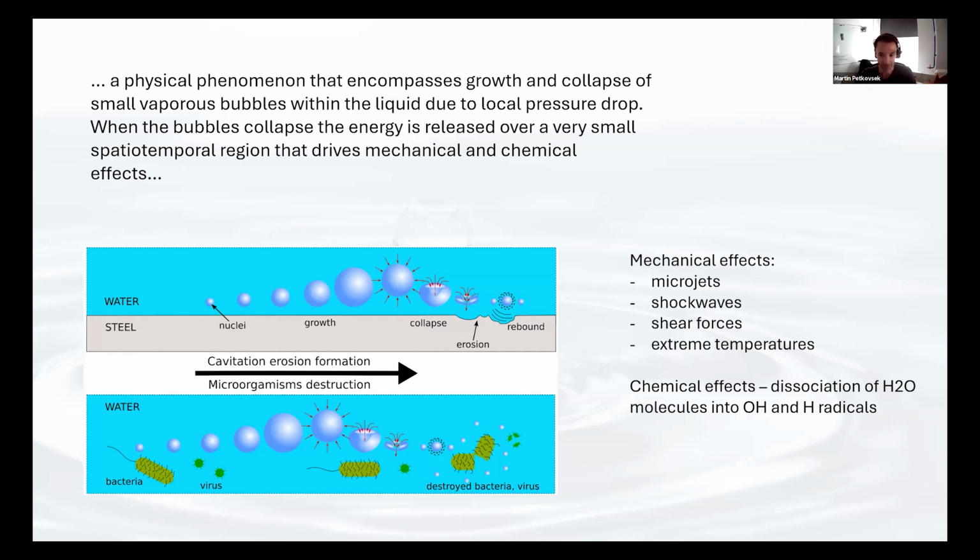Due to extreme effects that we mentioned, we usually divide these effects between mechanical or physical and chemical effects.